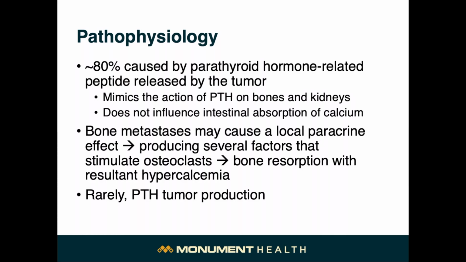Bone metastases may also cause a local paracrine effect, and this produces several factors that ultimately stimulate osteoclasts. When this occurs, we have bone resorption with resultant hypercalcemia. And then finally, and this one is rather rare, but the tumor itself can actually produce PTH.